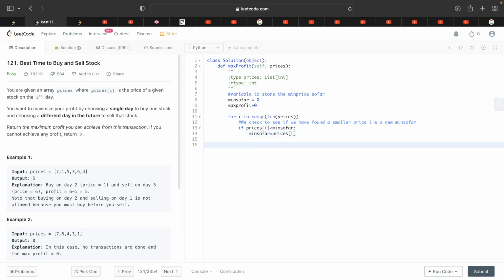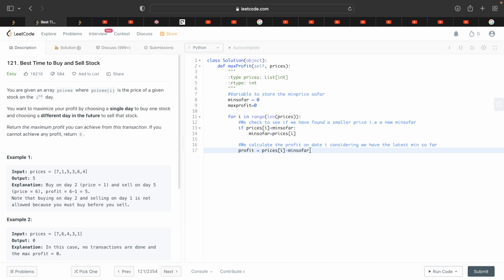And then we calculate the profit on date i, considering we have the latest min so far. So profit is equal to prices[i] minus min so far.